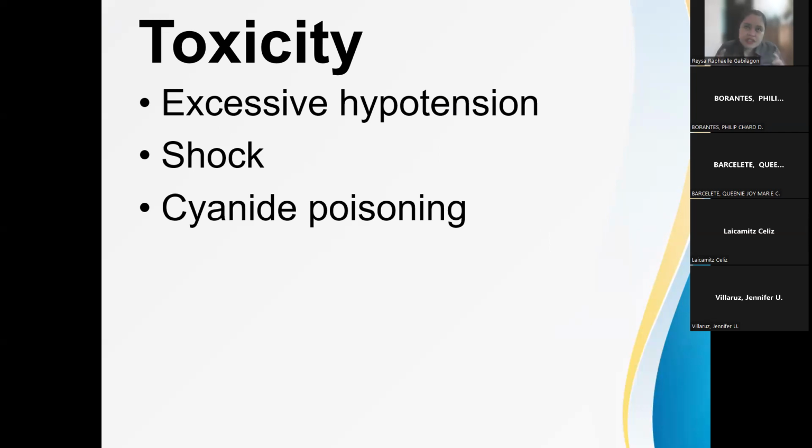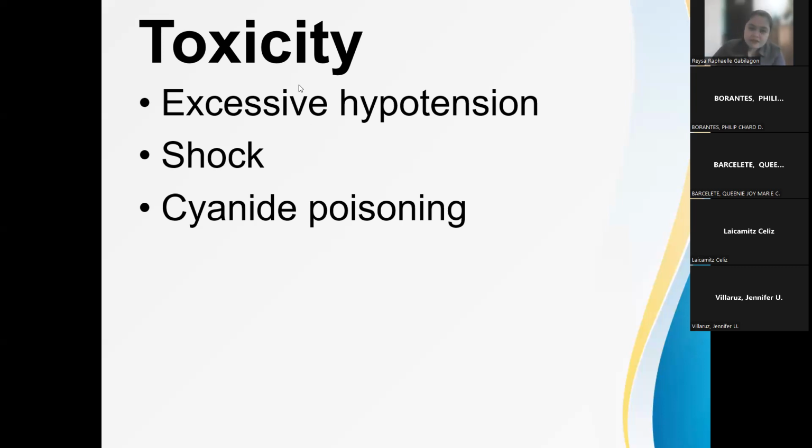And take note that since this is a nitroprusside, we have here a cyanide in its structure. You're going to look at the structure of sodium nitroprusside. It really contains cyanide. So excess of this can really cause cyanide poisoning.